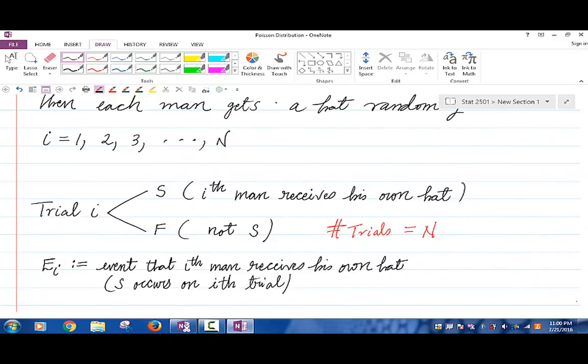Success means the ith man receives his own head. Failure means not success, and the number of trials is capital N. E_i is the event that the ith man receives his own head. So that means it's the event that success occurs on the ith trial.